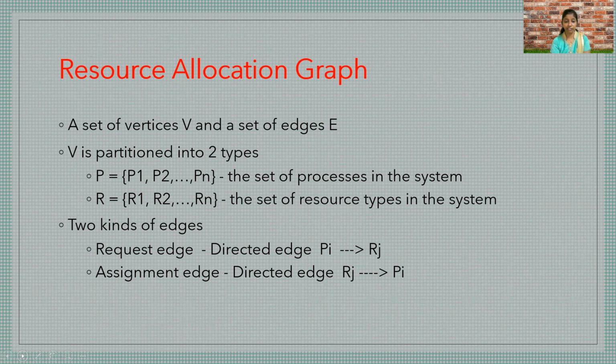There are 2 kinds of edges, a request edge and an assignment edge. Both are directed edges. A request edge is Pi to Rj, where Pi is the process and Rj is the resource, whereas an assignment edge is a directed edge from Rj to Pi, where Rj is the resource and Pi is the process.